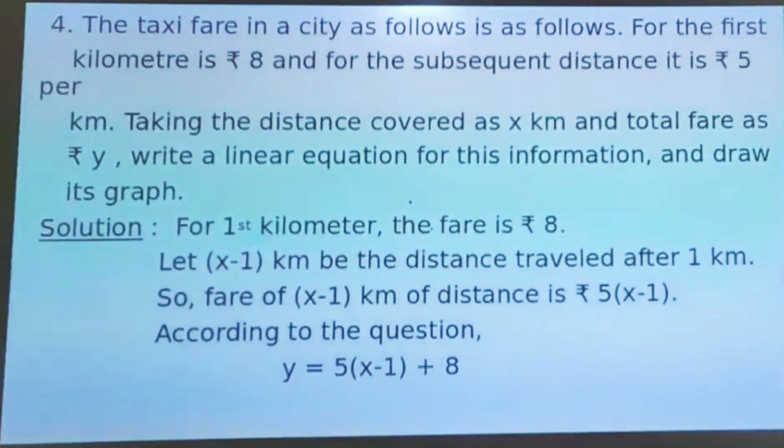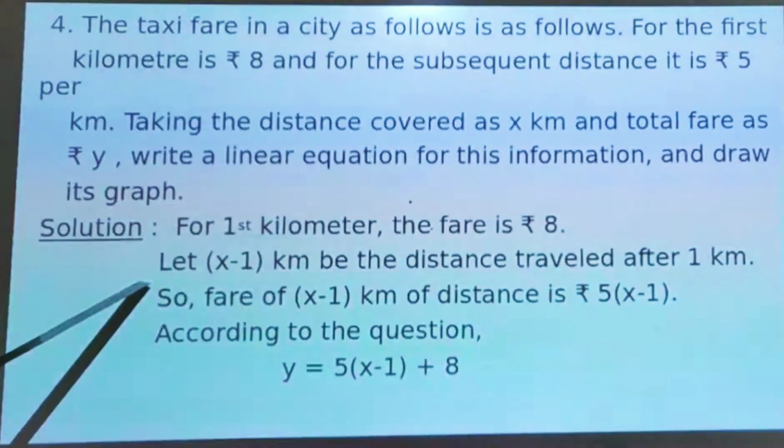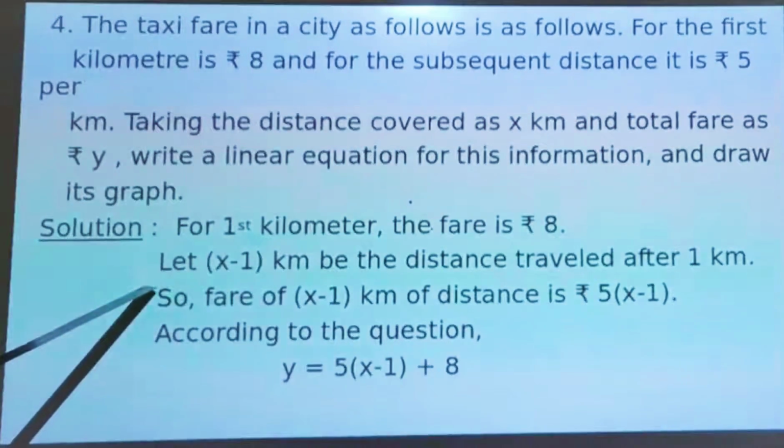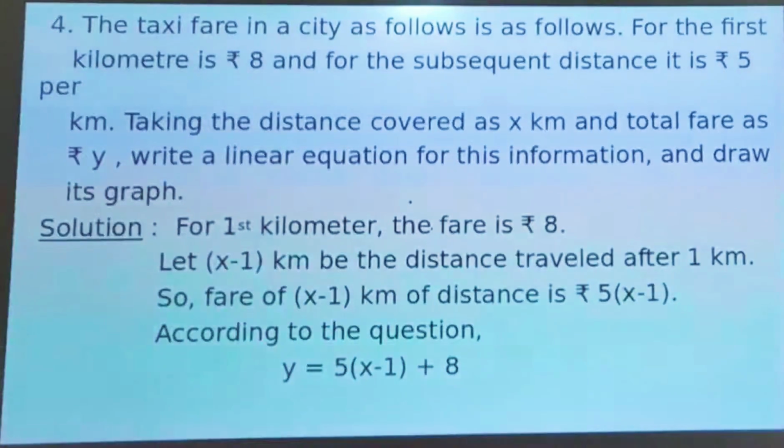So we will let x minus 1 kilometer be the distance travelled after 1 kilometer. So fare of x minus 1 kilometer of distance is rupees 5 into (x minus 1), as it is given that for subsequent distance the fare is rupees 5 per kilometer.